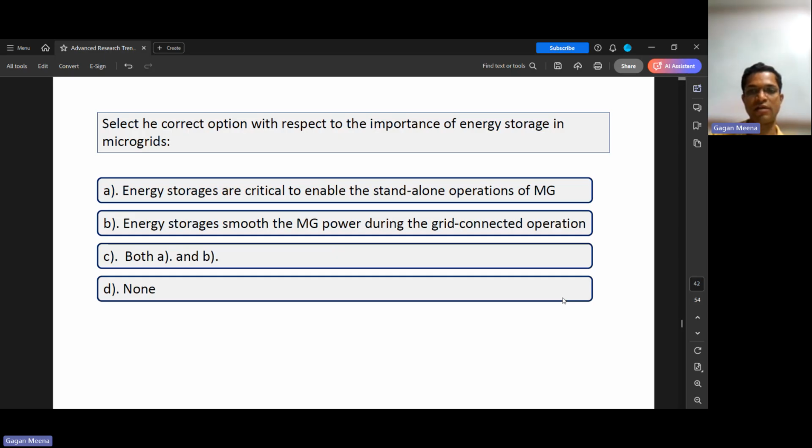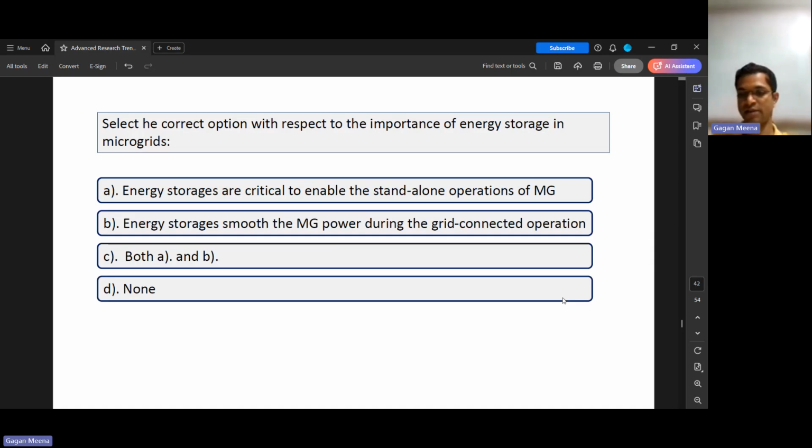In grid-connected operation, it can provide different services like voltage and frequency deviation improvement. And energy storage is very critical in standalone mode because there is no other source of energy, and if renewables are also less, then storage needs to accommodate it.